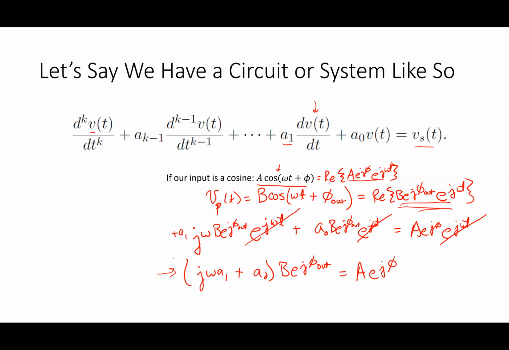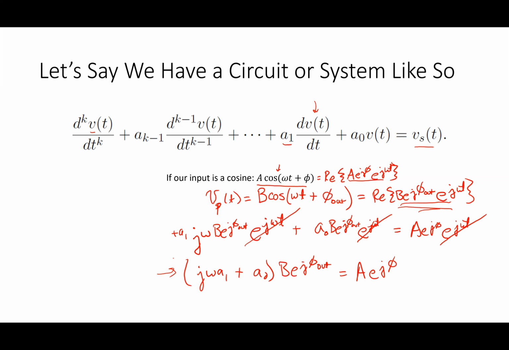The angle of the left side equals the angle of the right side, and the magnitude of the left side equals the magnitude of the right side. Yes, so there are two equations, one for the magnitude, one for the angle.